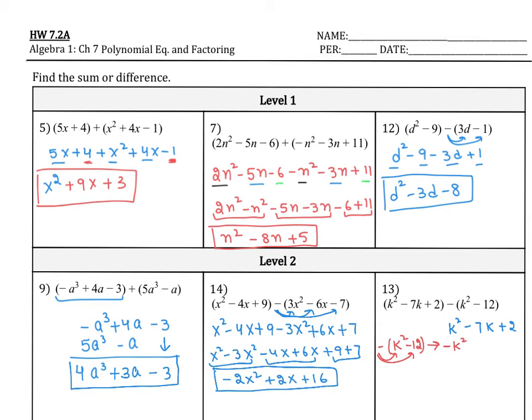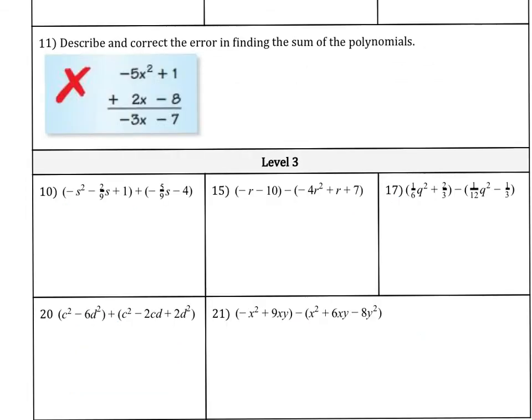And you're going to write positive 12 underneath 2. There is no k term, so leave this space blank. So what do you get here? By combining the like terms, k squared and negative k squared cancel. Negative 7k plus 14 is your answer.